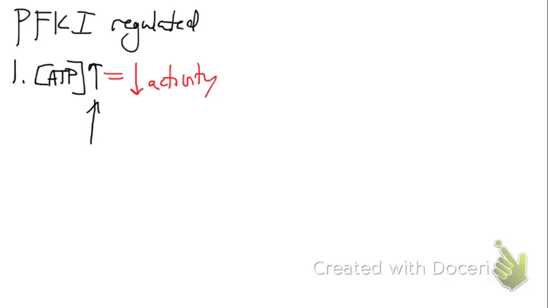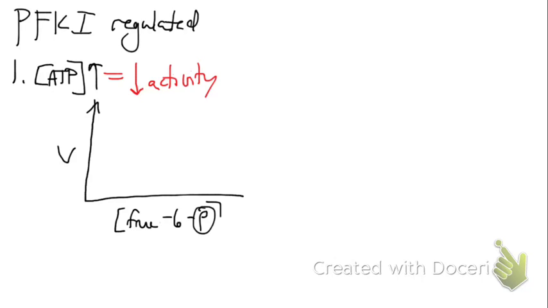And so if we actually look at this, where we're looking at velocity of PFK1, and we look at the concentration of fructose 6-phosphate, under low ATP conditions, you see a normal Michaelis-Menten graph.